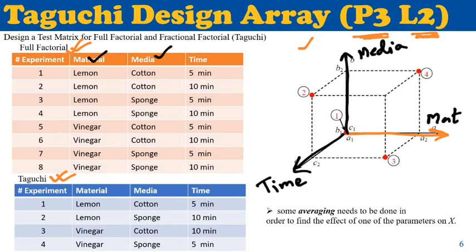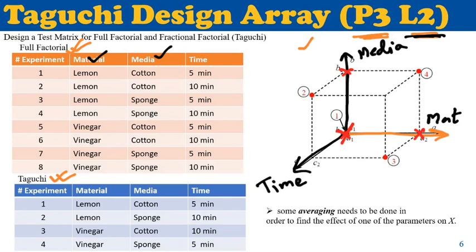So these are 3 parameter lines. And for each parameter axis, we also have L2, meaning 2 levels. So I have the first level at the center and the second level here. For A, the first level would be lemon, and this would be vinegar. Again, for B, media, the first level would be cotton and the second level would be sponge.